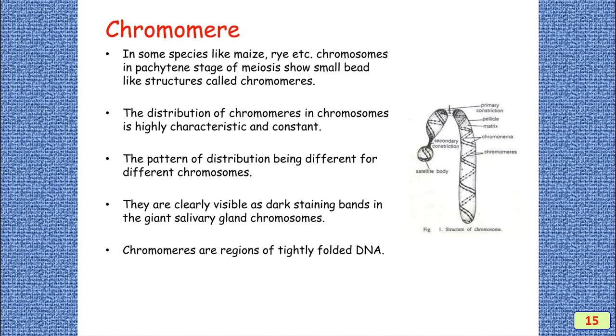The pattern of distribution is different for different chromosomes, and they are clearly visible as dark staining bands in giant salivary chromosomes. These chromosomes are tightly folded with DNA. Here you can see chromomeres, strip-like structures, the chromonema, then the pellicle and also the matrix, and there is a primary constriction.